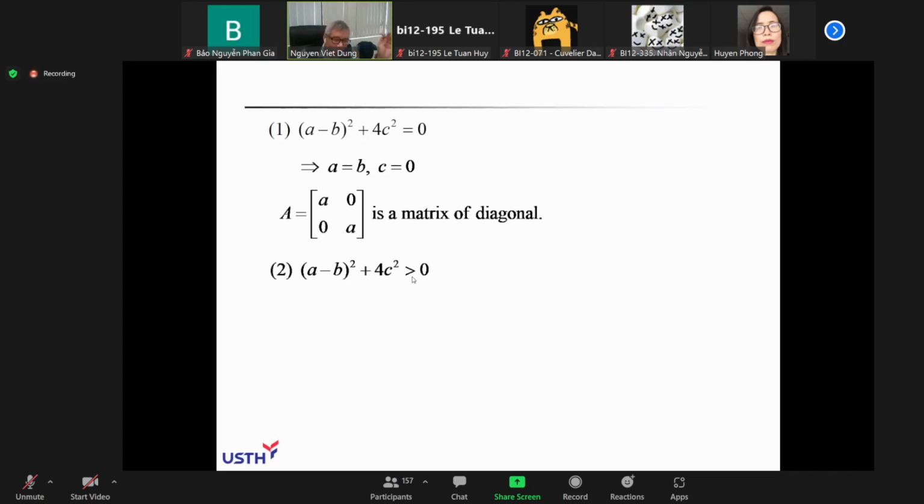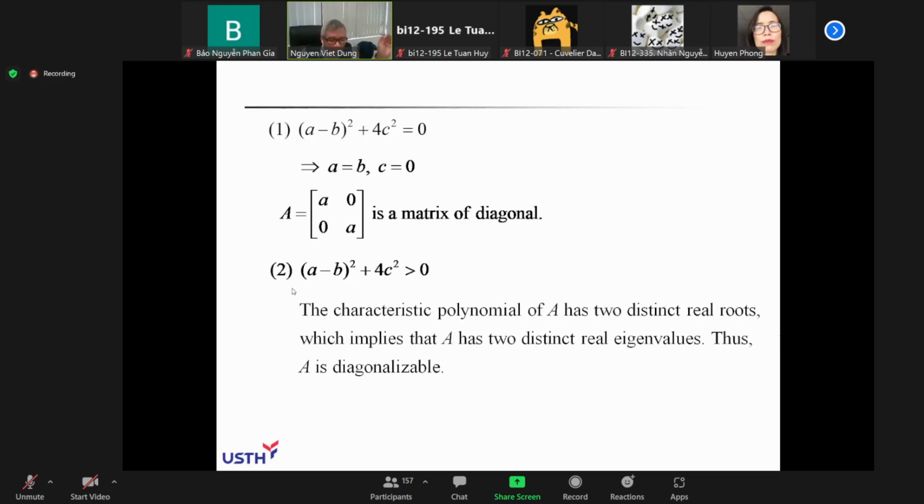If the discriminant is positive, then the characteristic polynomial will have two different solutions. Because it has two different solutions, A will have two different eigenvalues. And because of that, A will be diagonalizable.